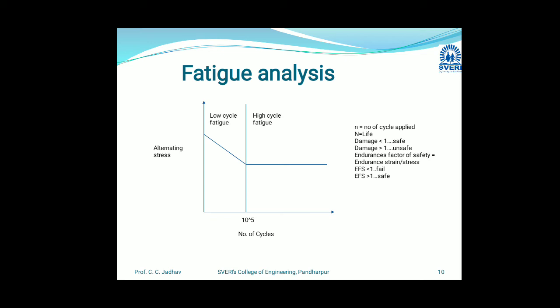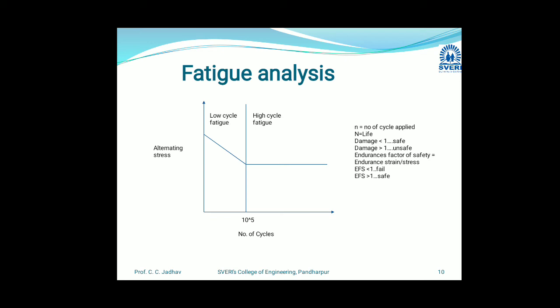And it is the calculation of the life of the structure when subjected to repeated load. Suppose we want to calculate the life of the component or structure when the load is repetitive. Then the SN curve, that is alternating stress versus number of cycles, is the best for the fatigue calculation, like the stress and strain diagram for static analysis.